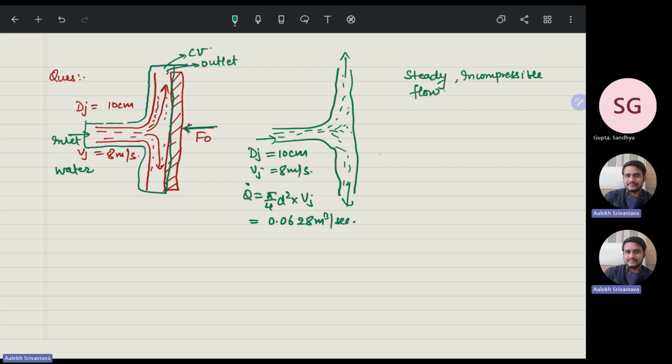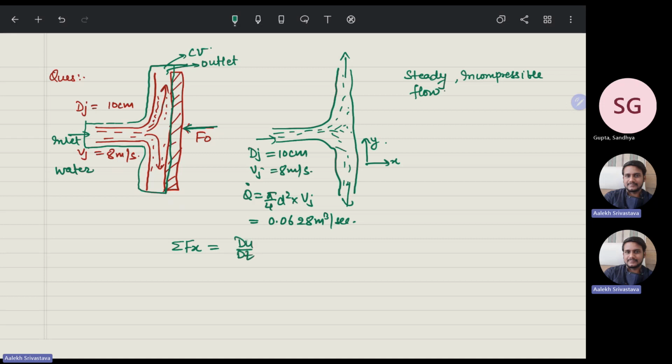Then, if you write like this is x direction, this is y direction, so the x momentum equation will come as: sigma of Fx is equal to du by dt. This is in x direction.